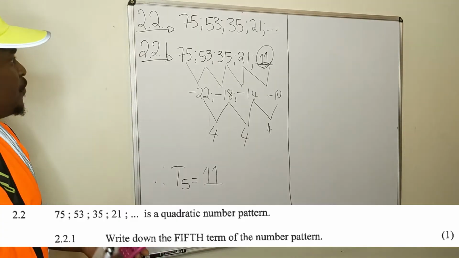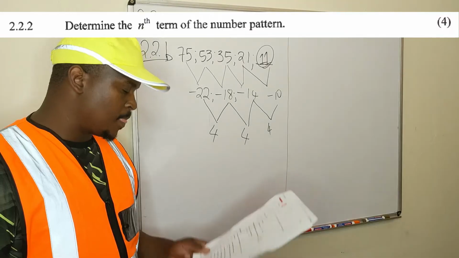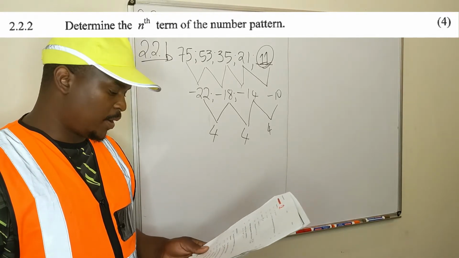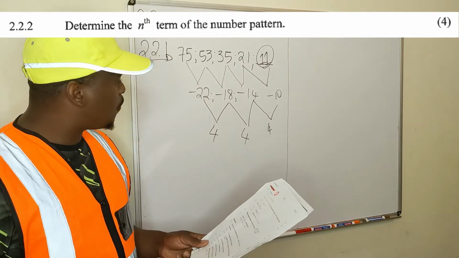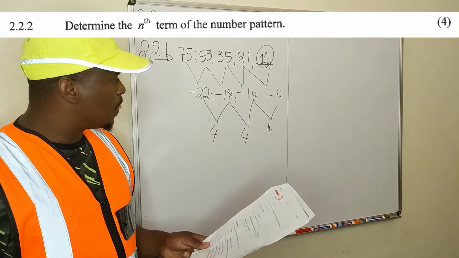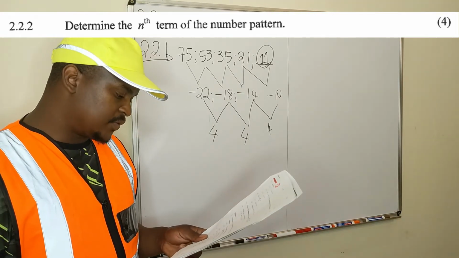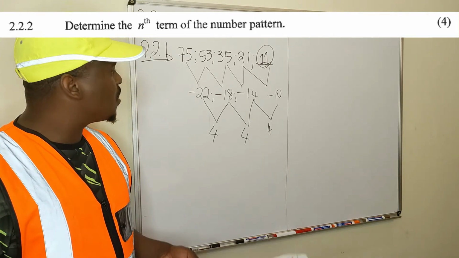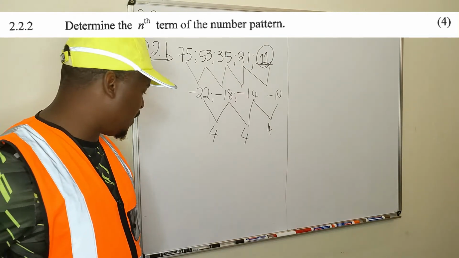We're done with 2.2.1, so we go to 2.2.2, which reads as follows: Determine the nth term of the number pattern. So they want us to find the nth term of the number pattern.